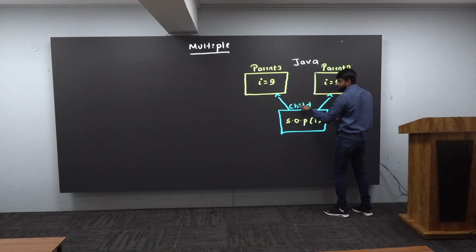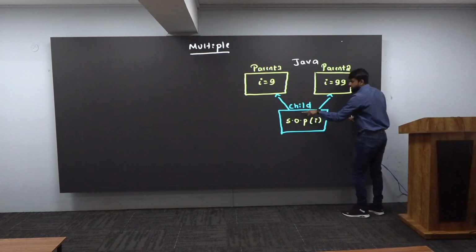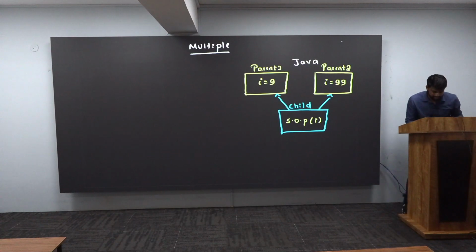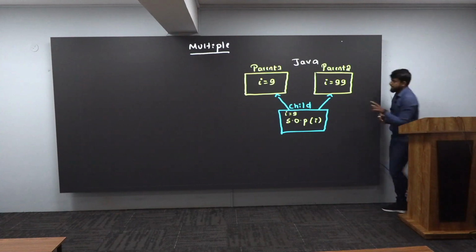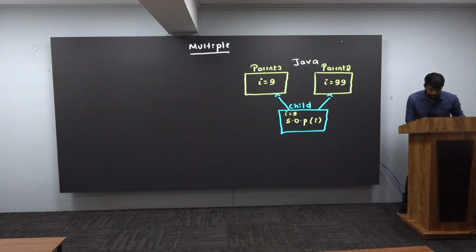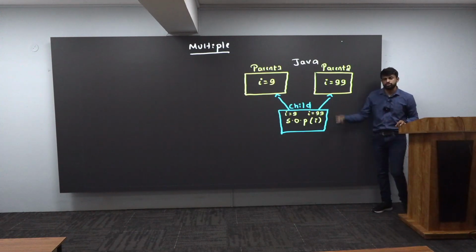Child is inheriting from the parent 1. Means this I which is there, it will come and sit here. This is I equal to 9. At the same time, this I is also reaching here. 100%. I will reach here I 99 like this. Now I am printing this I, which I should Java print?